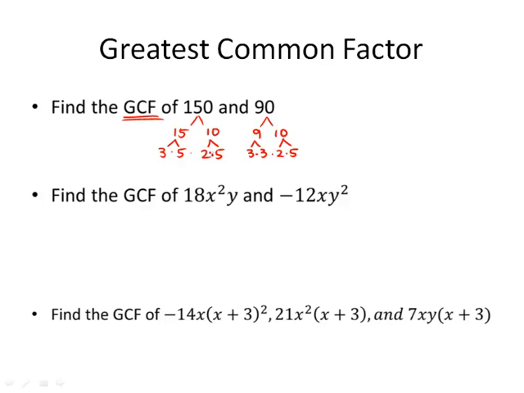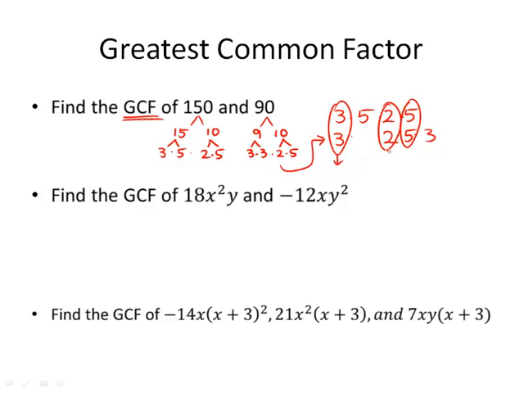We basically want to see what is common for both numbers. You could, if you'd like, arrange them. So 3 times 5 times 2 times 5 is the first number. And below, if you want to find common things, you can just write them right below. So the second number is 3 times 3 times 2 times 5. So what factors are common? Well, a factor of 3, a factor of 2, and a factor of 5 are common.